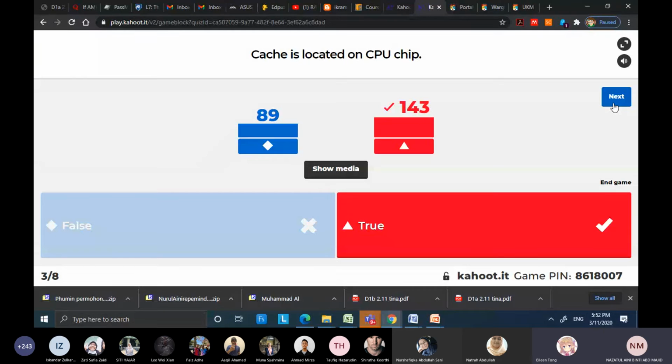We always thought the blue one is true and the red one is false. Yes, you got the color wrong. We cannot see the words on the boxes, only colors. Usually the first one is true. You need to read first. All of you agree with the answer, right? True. This is true. Okay, let me see the next question.